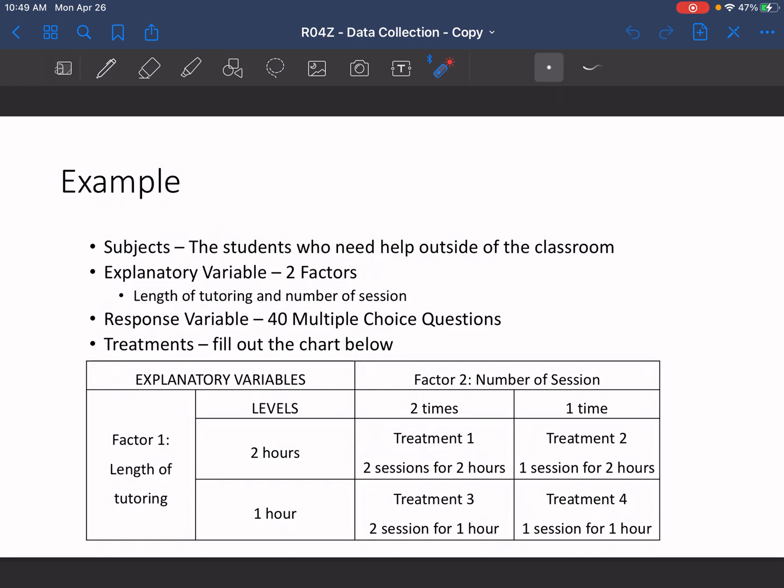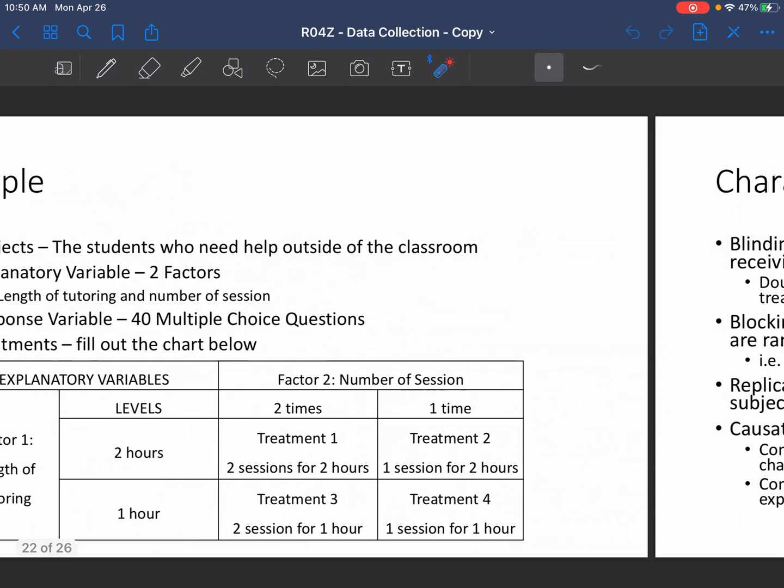And so our treatments end up becoming 4 separate treatments. Our first treatment is if they go to 2 sessions for 2 hours, or 1 session for 2 hours, or 2 sessions for 1 hour, or 1 session for 1 hour. And basically what we're trying to determine is which group is going to do the best.